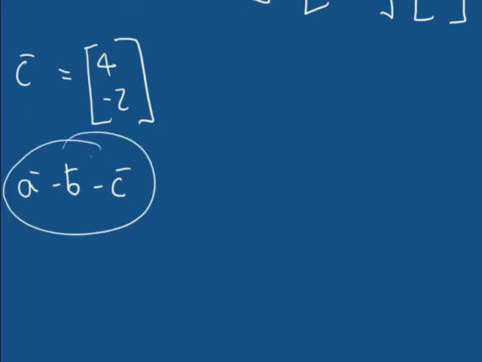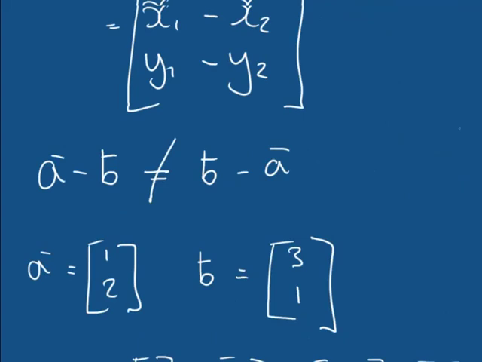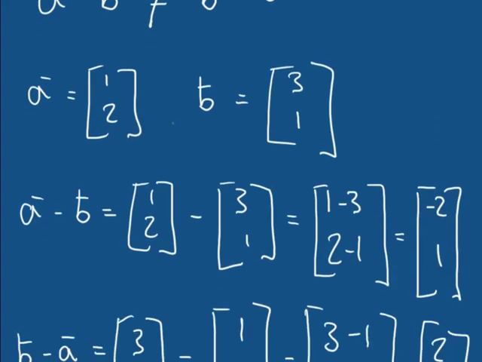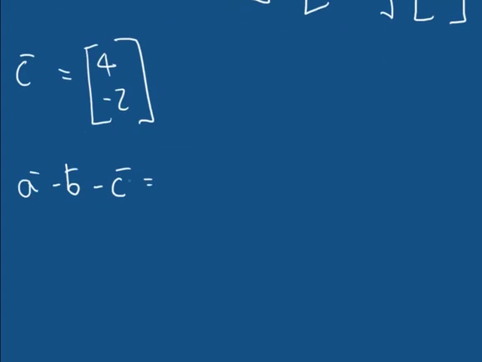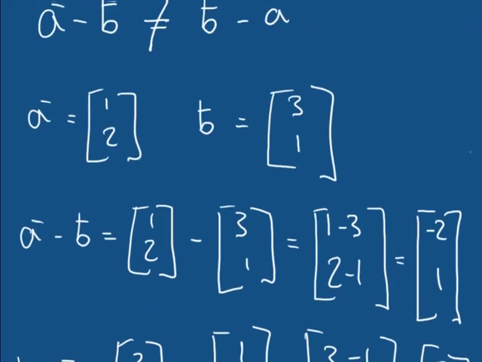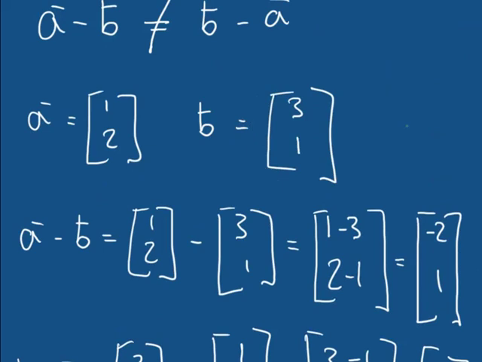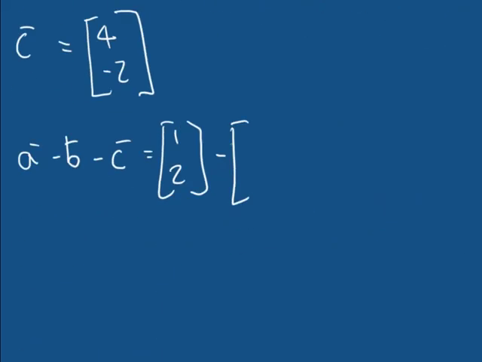So a, if you recall, is equal to 1 in x, 2 in y, minus b, which is 3 in x, 1 in y. And c is equal to 4 in x and minus 2 in y.